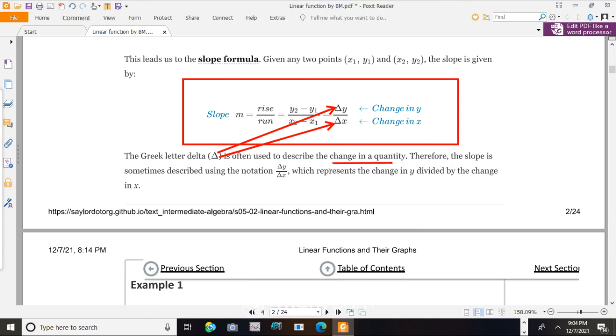Therefore, the slope is sometimes described using the notation delta y over delta x. So slope m is equal to rise over run, which is (y2 minus y1) over (x2 minus x1), delta y over delta x. This represents the change in y divided by the change in x.